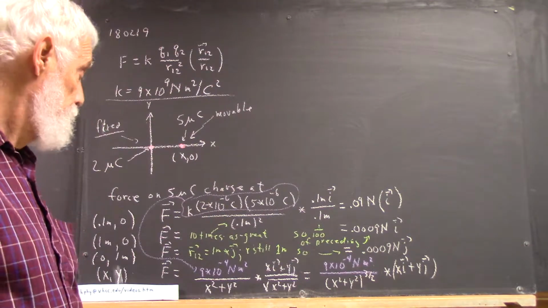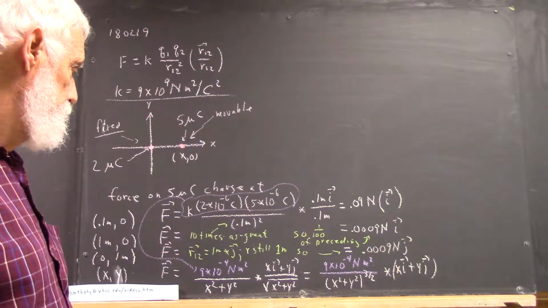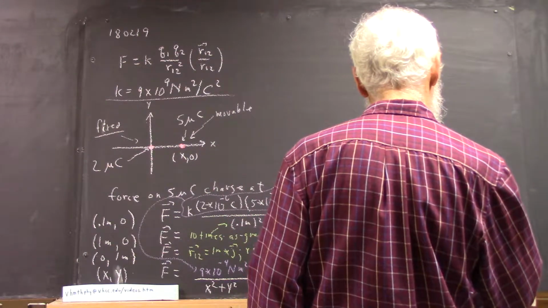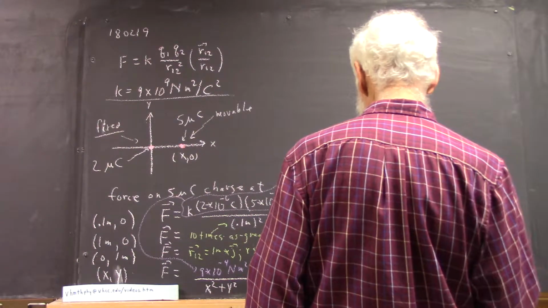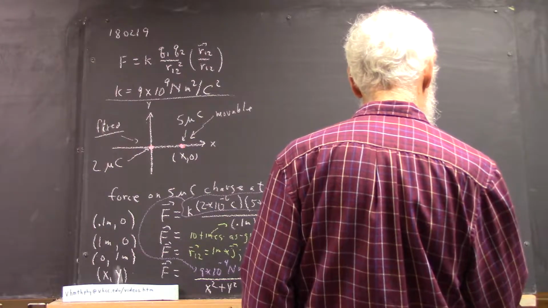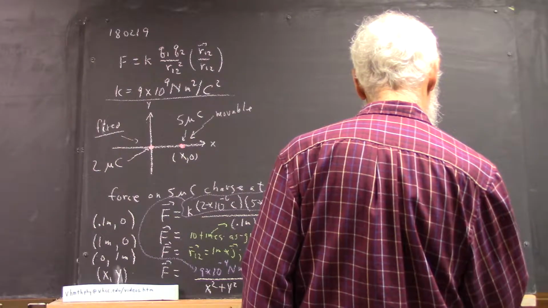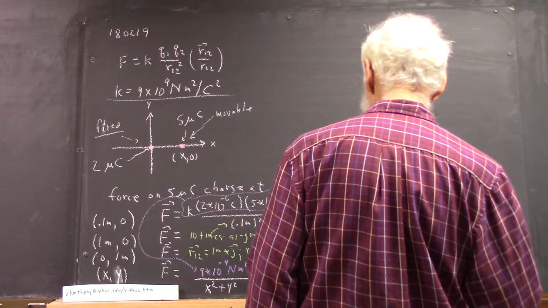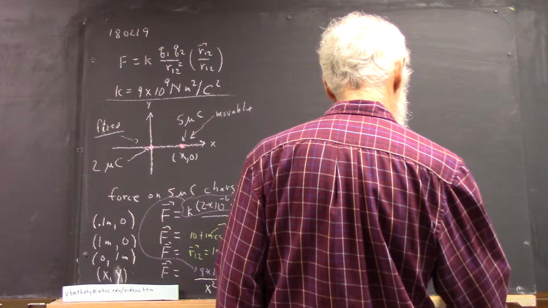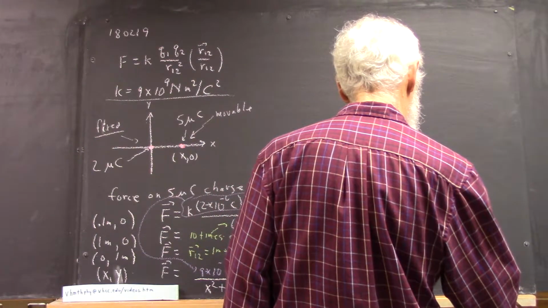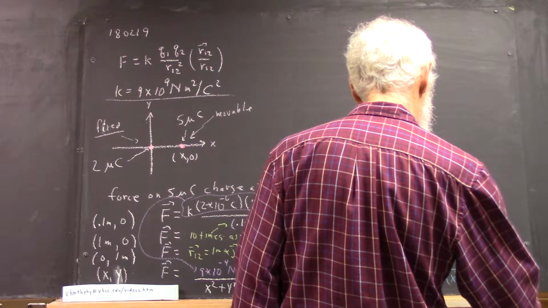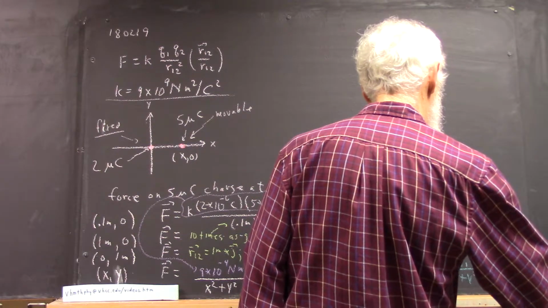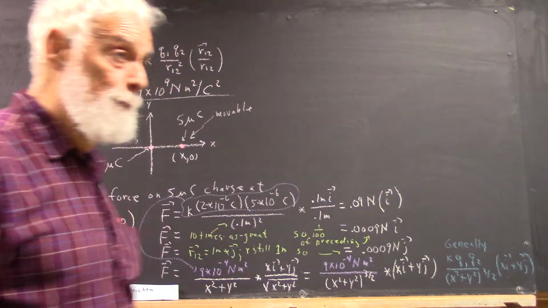In general, we could write this as K Q1 Q2 over x squared plus y squared to the 3/2 times the vector xi plus yj.